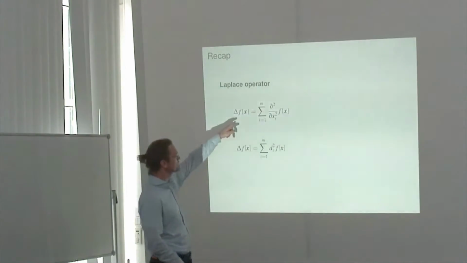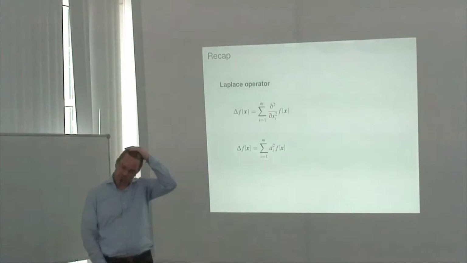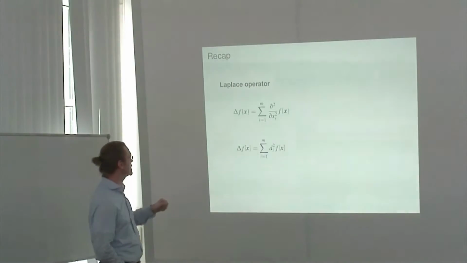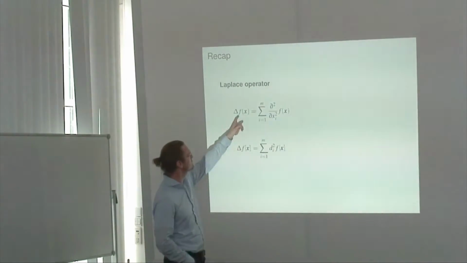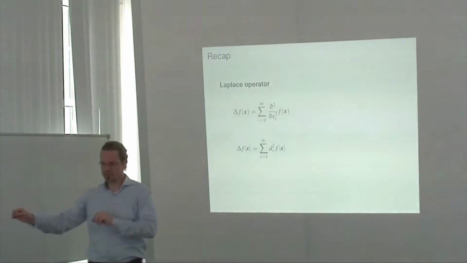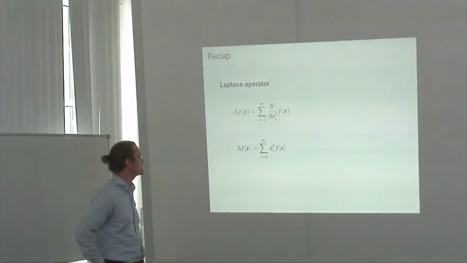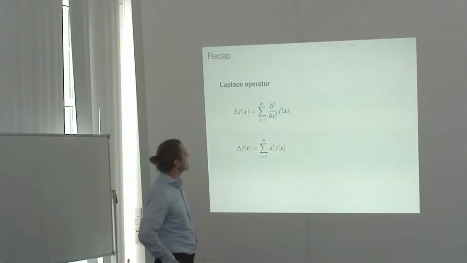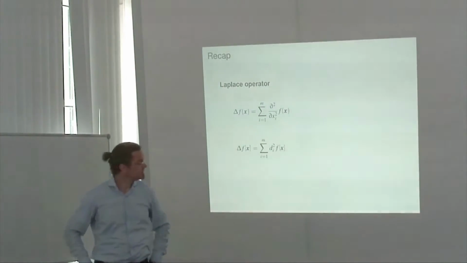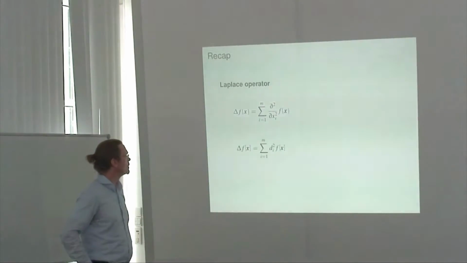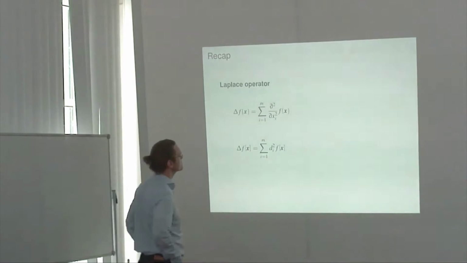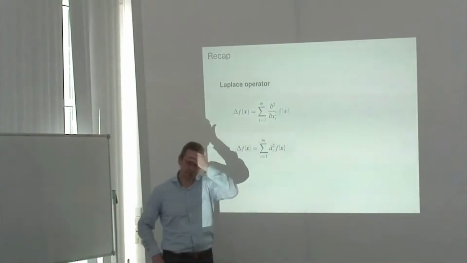If we are given a function f of a vector x, that is, if we are talking about a scalar field, this is some function that assigns every point in space a number, we call these things scalar fields, then the Laplace operator of that scalar field is given as the sum over all the second order partial derivatives of that scalar field.